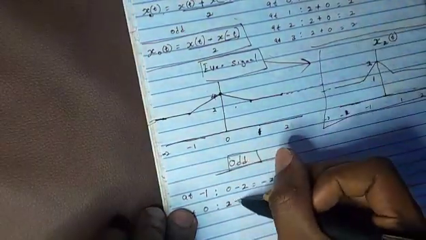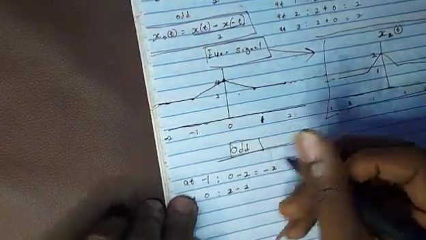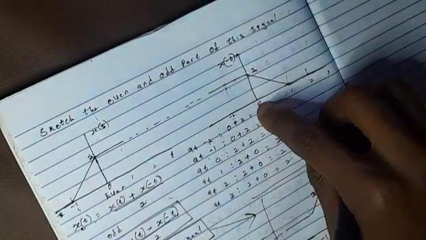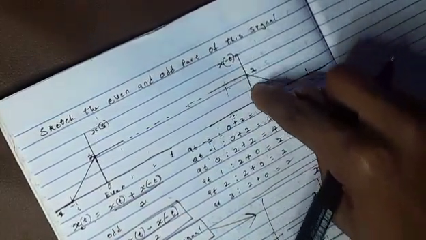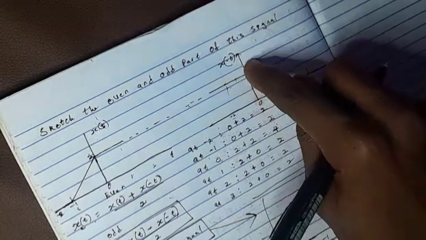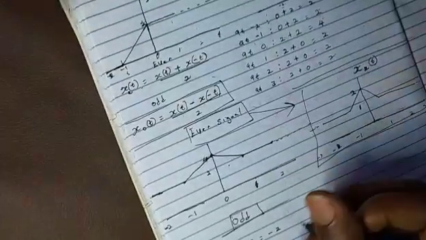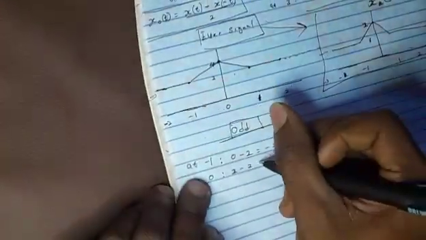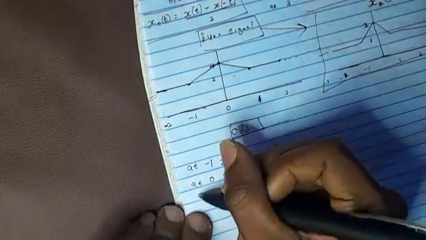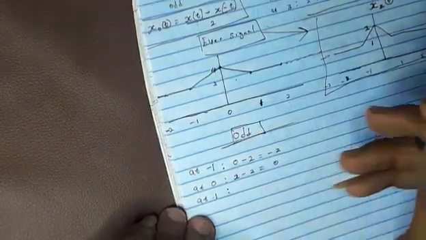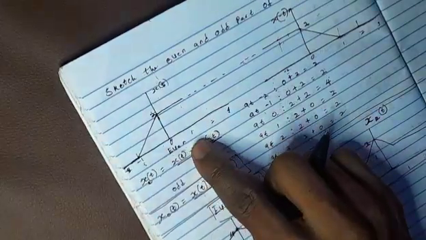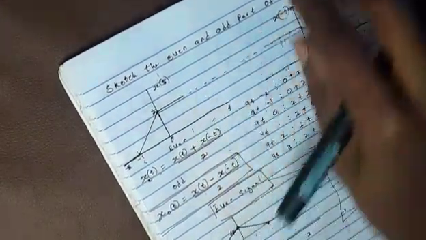Minus 2 here, because at 0 here is also minus 2. There is a vertical distance, so also minus 2, which gives 0, right? So at 1, we have it to be 2, right?